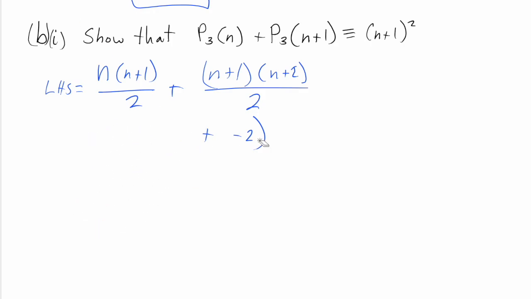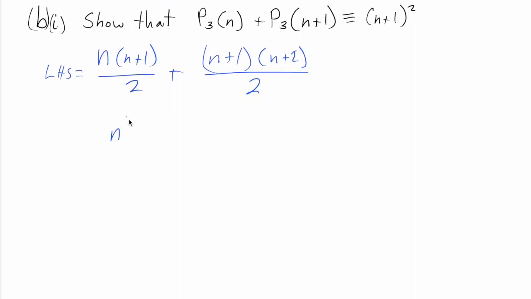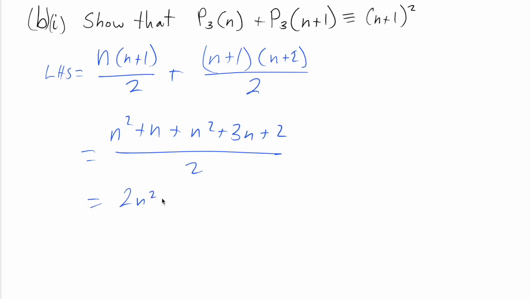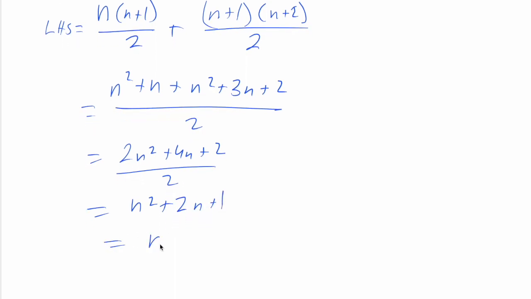Let me scratch that out. Let's actually expand these. So we have n squared plus n squared plus 3n plus 2 over 2, which equals 2n squared plus 4n plus 2 over 2, which equals n squared plus 2n plus 1, and that indeed is n plus 1 squared.